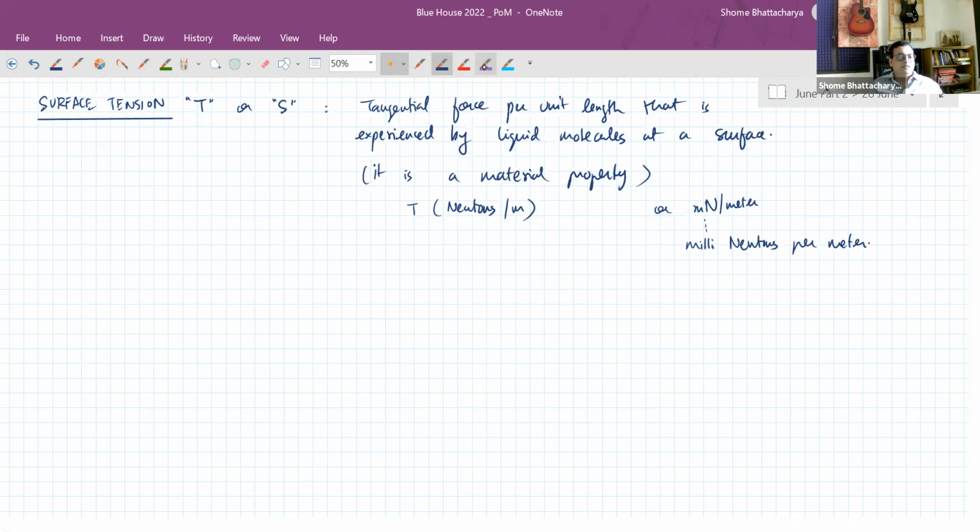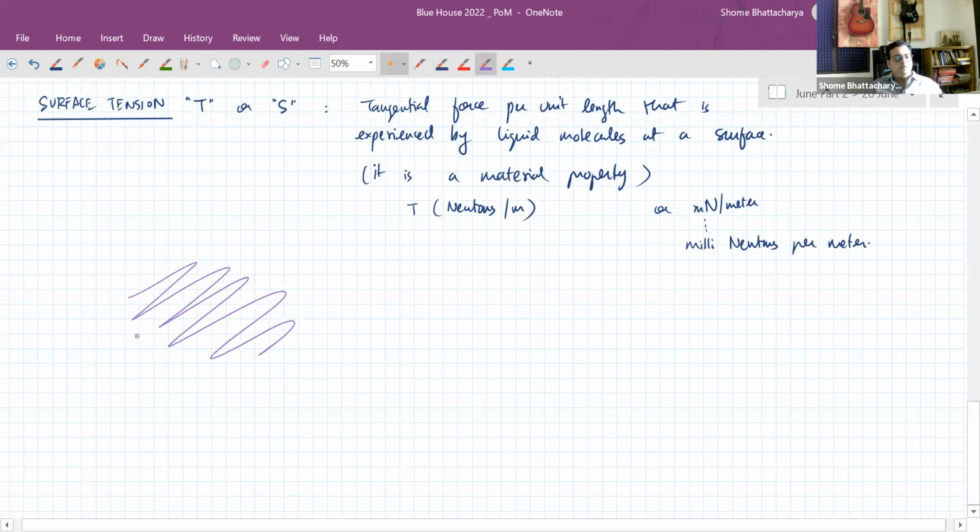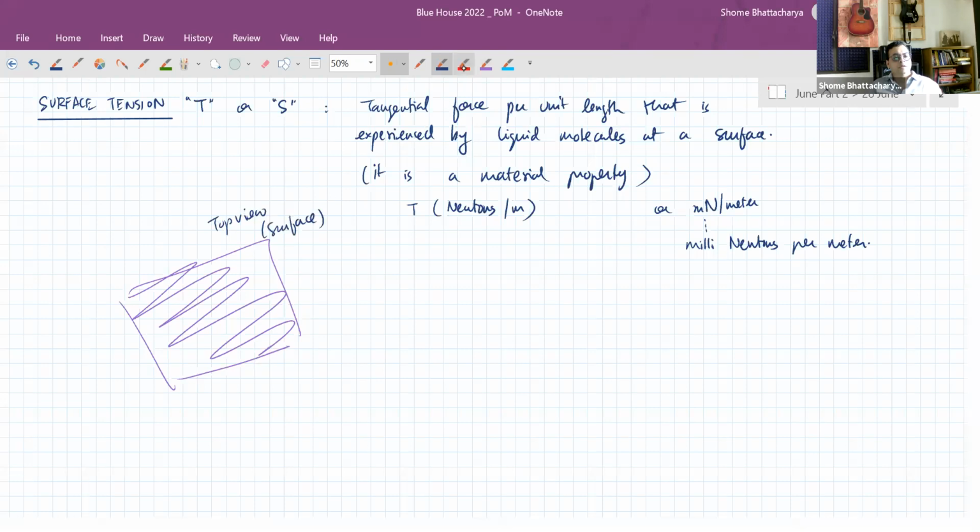So basically, if you visualize any surface of liquid, this is the top view of a surface of liquid. Then visualize any line of liquid molecules. They are experiencing tangential forces on both sides like this.